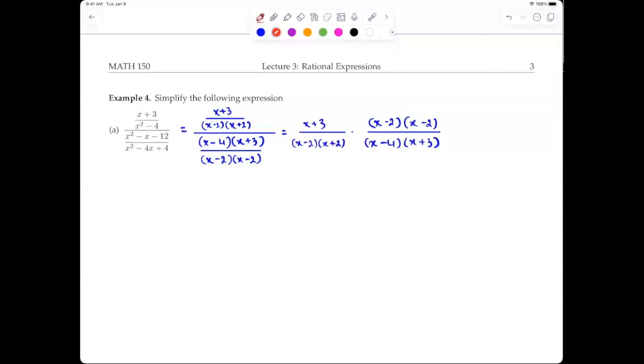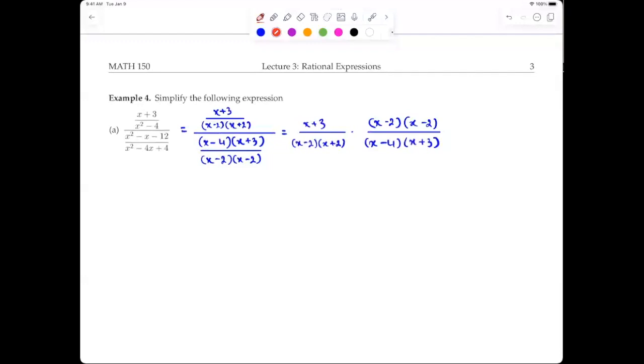Conditions. So here you have one denominator, (x minus 2)(x plus 2), different from zero. Another denominator, (x minus 2)(x minus 2), different from zero. Then one more denominator, so x minus 4 different from 0, x plus 3 different from 0.